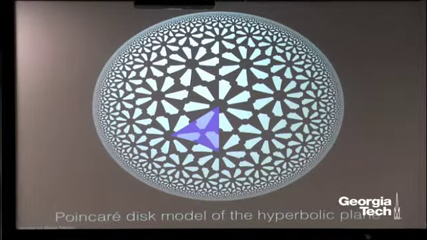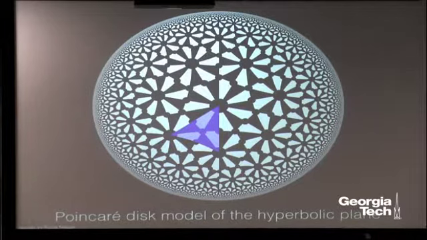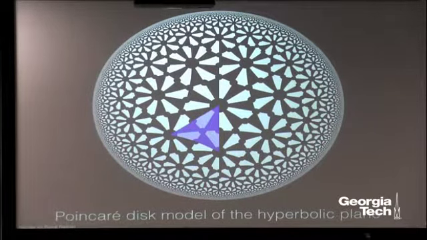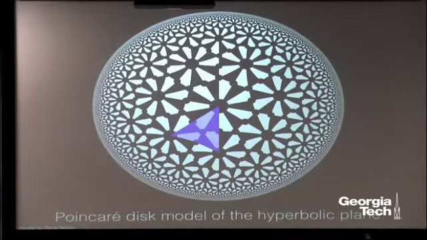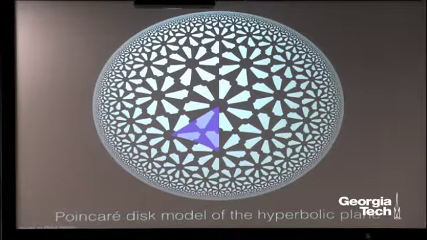So this is indeed the case where I have 7 equilateral triangles that meet around every vertex. But you'll notice this doesn't look like an equilateral triangle. This is kind of stretched in some weird ways. I have 2 straight lines and 1 curved line.